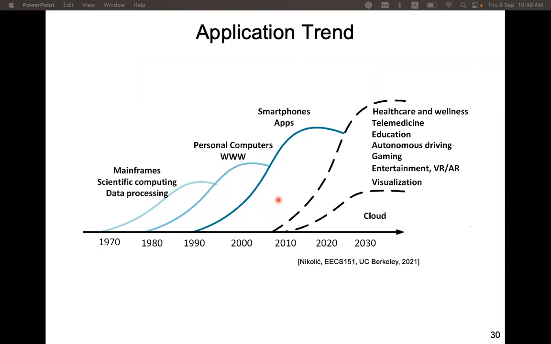And in the new millennium, smartphone applications became the main technology driver, the application that drives the technology development. And in the future, these applications could be the driving forces for technology development. They include healthcare, wellness, telemedicine, education, autonomous driving, gaming, entertainment, virtual reality, augmented reality, visualization, and cloud computing.